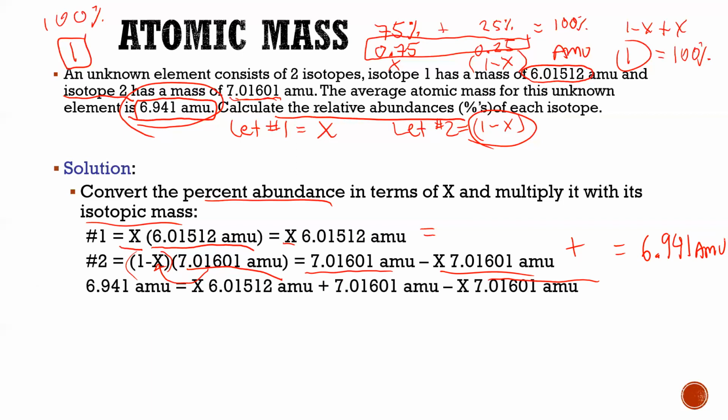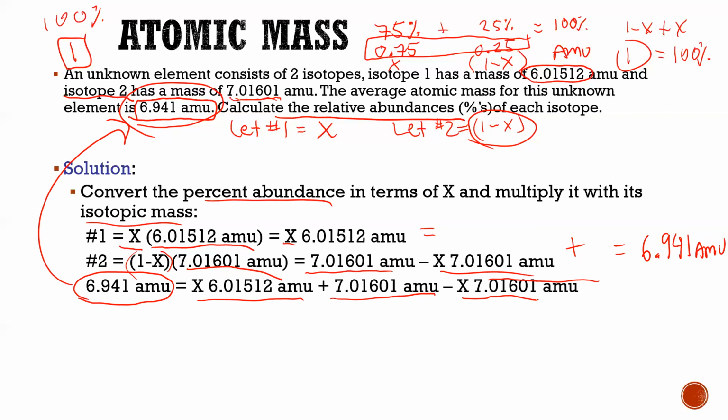So when I do that, let me see if I can erase that. I'm sorry, that's covering. There you go. So here is my weighted average that was provided, and I set it equal to these sums or these products. So X, and then the 7.01601 minus X. So what am I going to do?